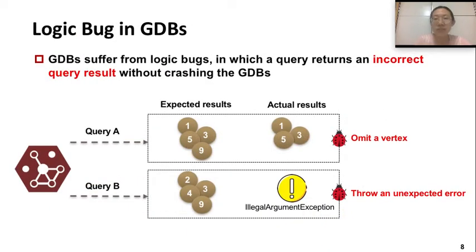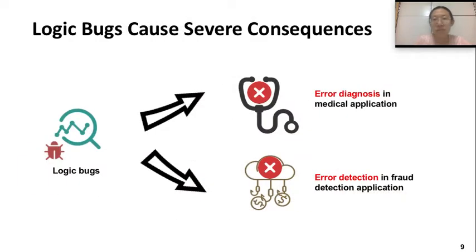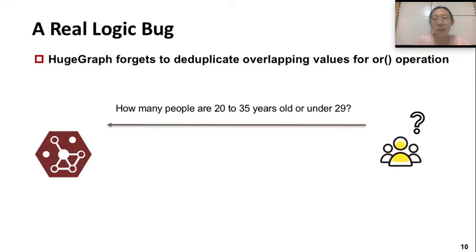Unfortunately, those GDBs can be buggy and result in incorrect query results, such as omitting a vertex or throwing an unexpected error. These logic bugs can lead to severe consequences, such as error diagnosis in medical applications or error detection in fraud detection applications. Here is a real logic bug.